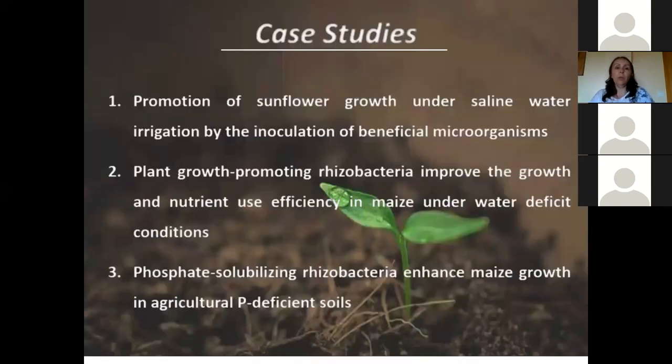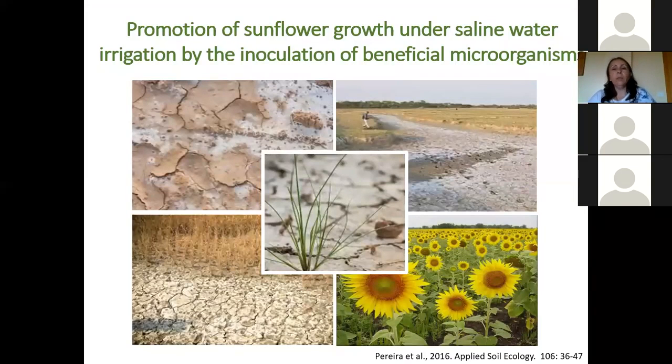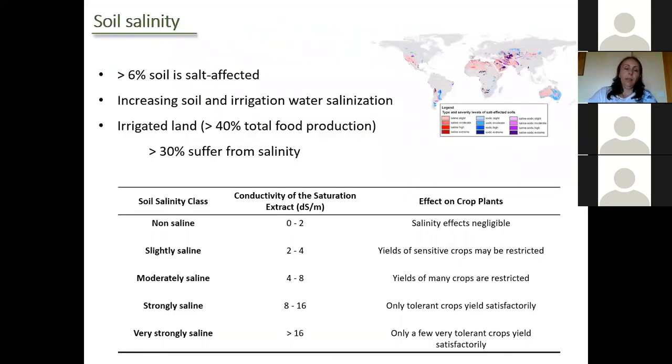So now I'm going to talk a little bit about the case studies. The first one is related with the application of these beneficial microorganisms on sunflower growth under saline water irrigation. So soil salinity is a huge threat for agriculture, and more than 60% of the soils in the world are affected by salt.